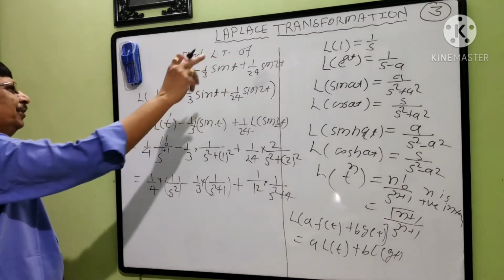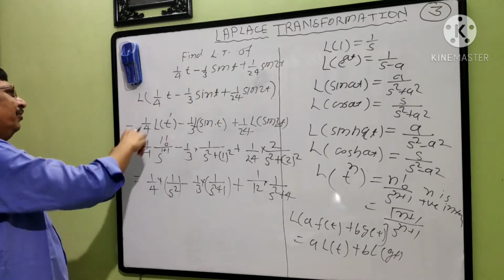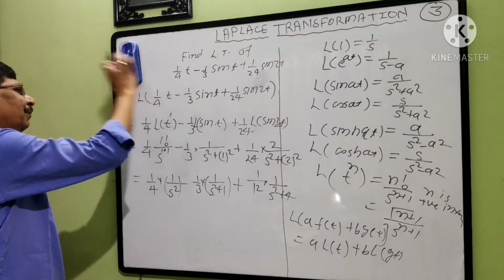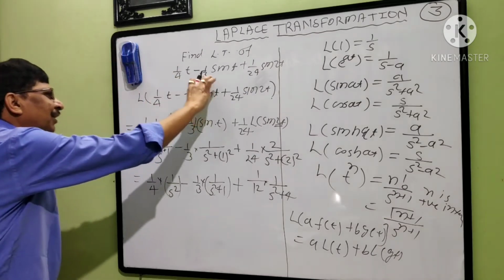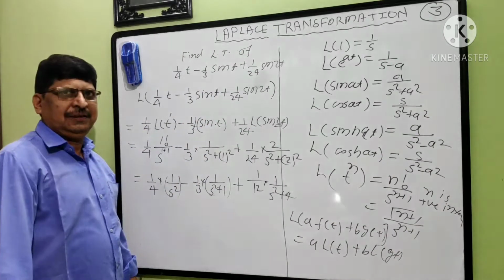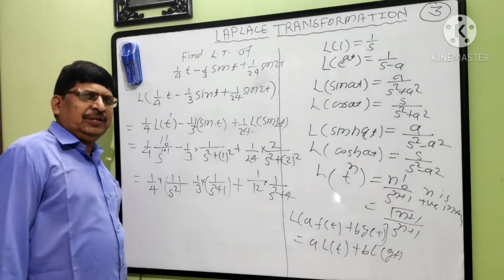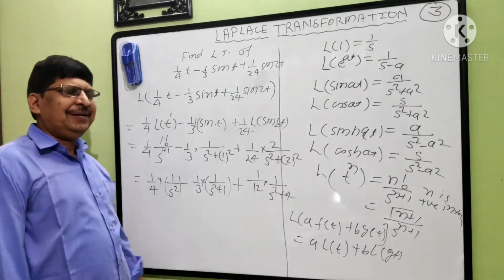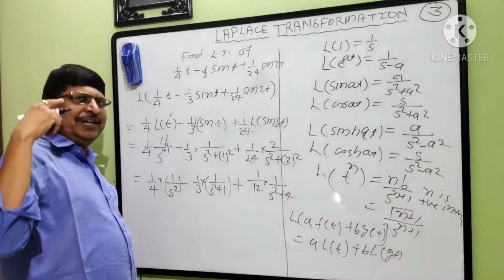Here I have used the linear property. Take the constant outside, then the Laplace transformation of t, of sin t, of sin 2t. Sin means in the numerator a, and if cos is there, in the numerator there will be s.